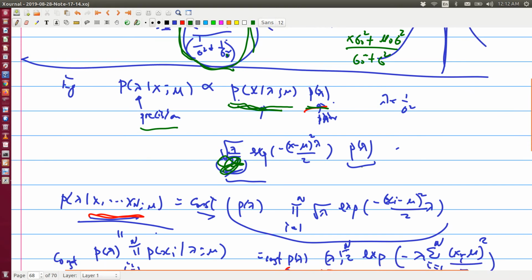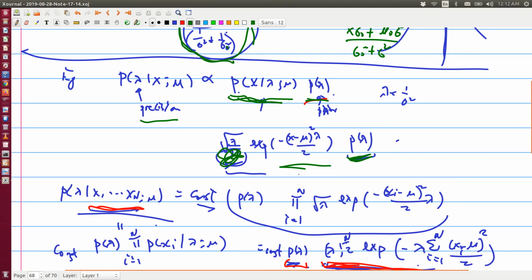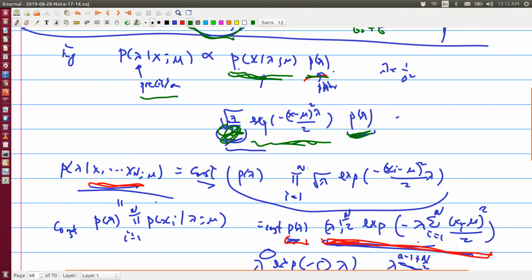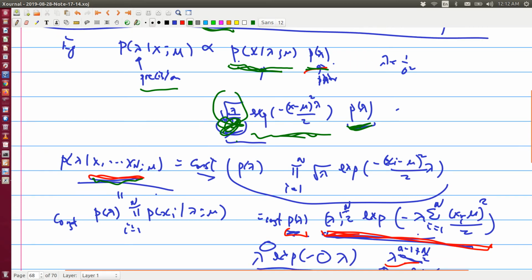And now we want to match this with this form, right? But before going for that, we want to look at a more general case, what form we're supposed to have when we have more than one observation. Because looking at this, it seems we always need a square root of lambda, but that's actually not the case. So let's look at n observations instead of one.